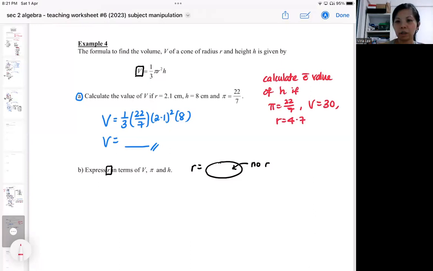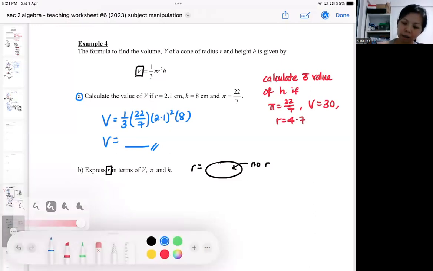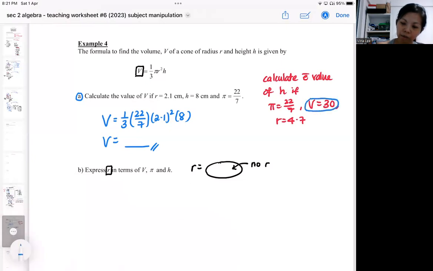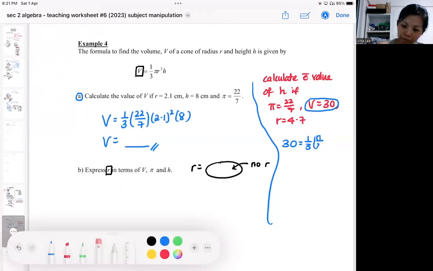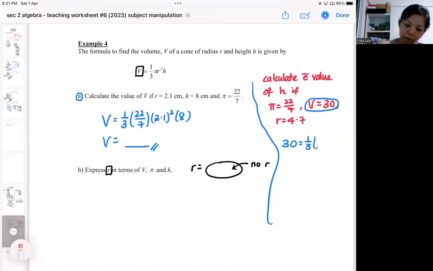If the question is like this, you just do accordingly. Just insert the volume that is given to you. So let me show you here. You just insert, and then you got a pi, which is 22/7.